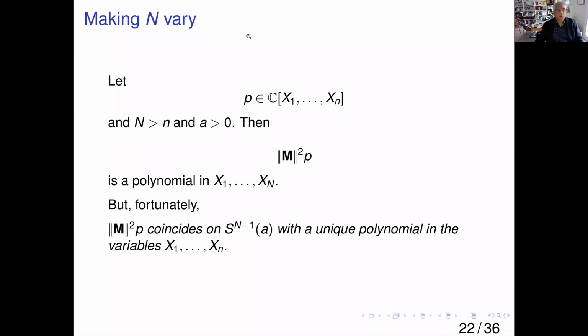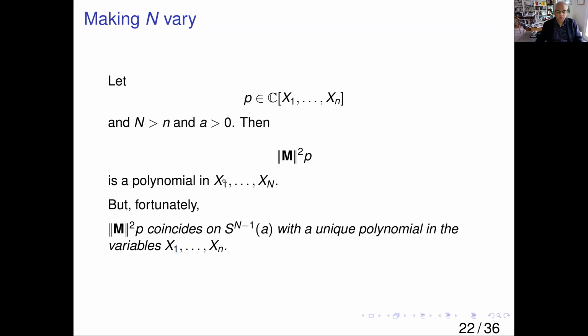Now let's see what happens as big N, the dimension of the ambient space, varies. Let's fix a polynomial in small n variables, small n being less than big N, with everything happening in this larger dimensional space, the larger dimension being big N. But we are considering only polynomials of the first little n variables. Now, this norm M squared, the operator that keeps appearing on P, in principle is not restricted to just the first little n variables.